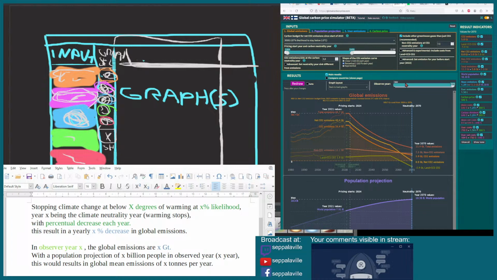I'm getting maybe a little bit more positive towards having this right hand side as a result text. I think I could use smaller fonts here.